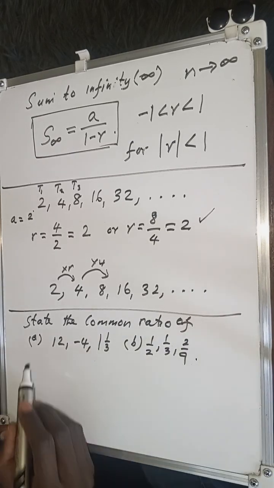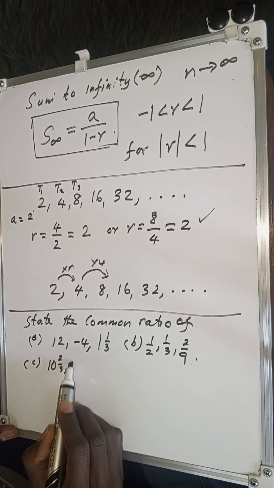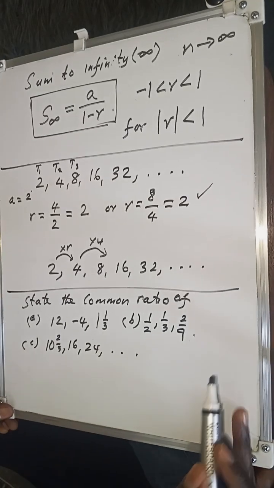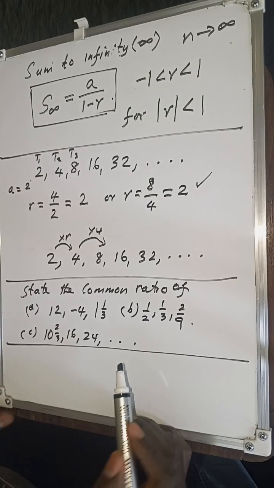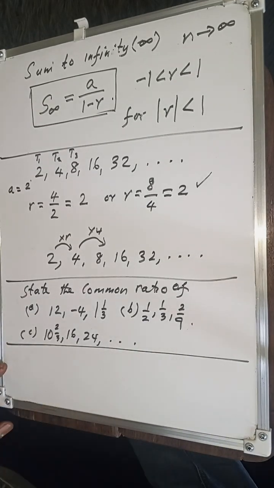Maybe you also have a sequence, let's say, C, 10, 2 over 3, 16, and 24. Usually people, when they are getting the common ratio, easily give up because they see fractions. No, you shouldn't give up. It is actually simple. So let's try to see if we are able to get our common ratio.